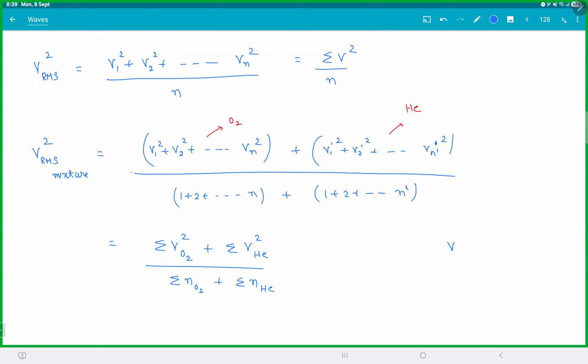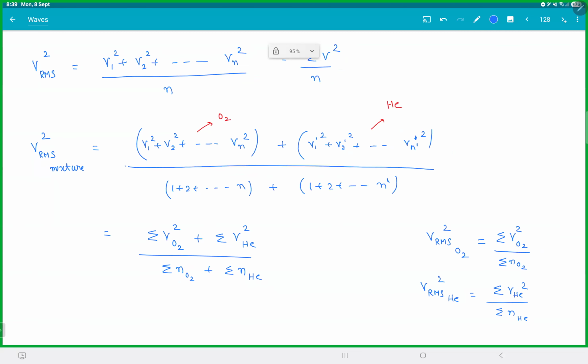And we know if you take VRMS for oxygen, that will be sigma V square for oxygen molecules over sigma n. So if you replace, you end up with sigma N O times VRMS square for oxygen plus sigma N for helium times VRMS square for helium.